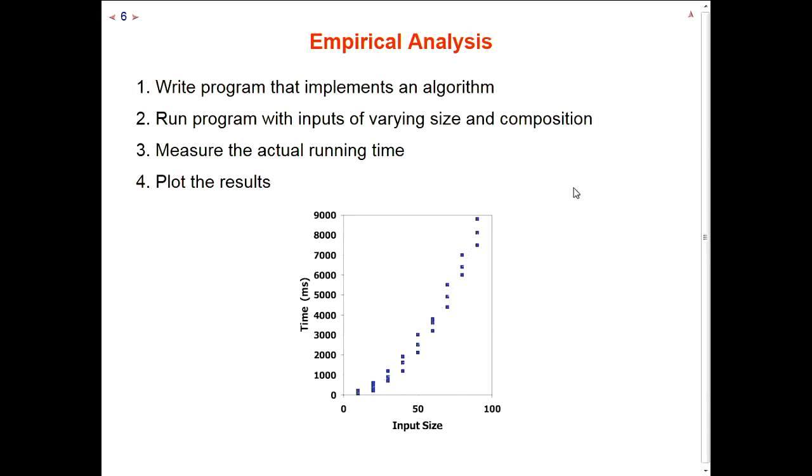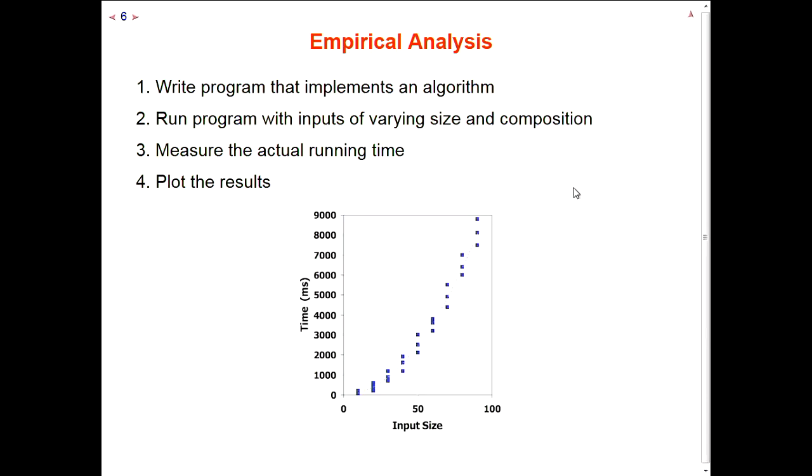Now, there's, in principle, the possibility, if you want to know how efficient an algorithm is, to write an implementation, that is a program of an algorithm, then run your implementation with inputs of varying size and also composition, maybe randomly generated input, and then measure the actual runtime and plot the result.